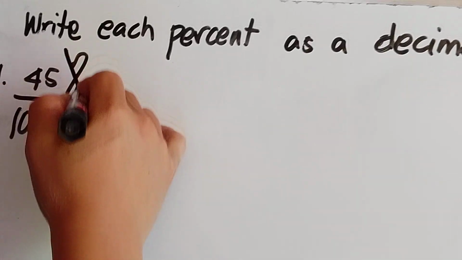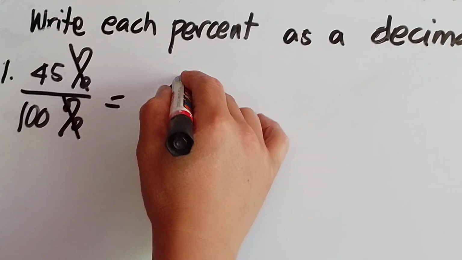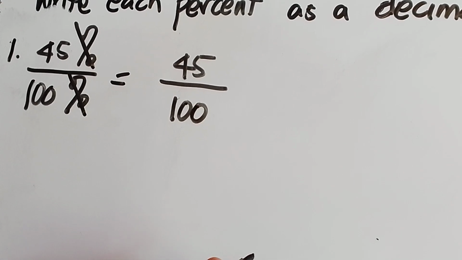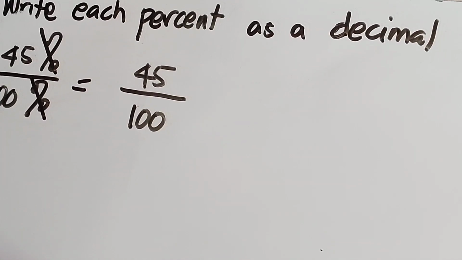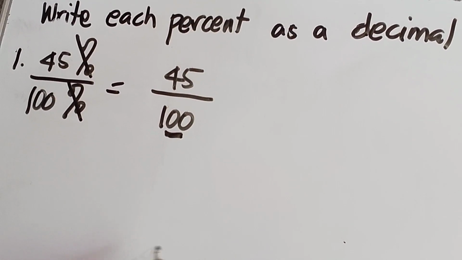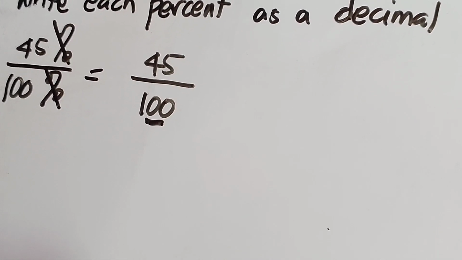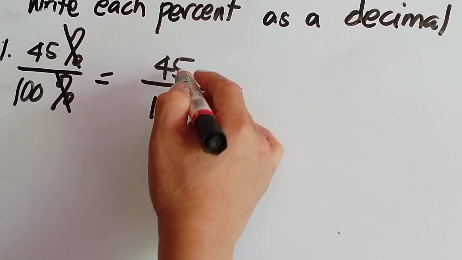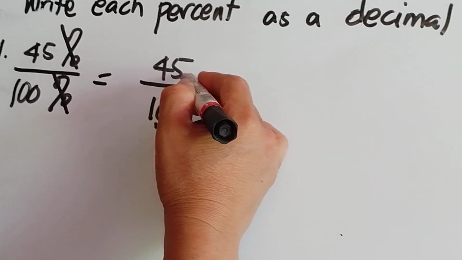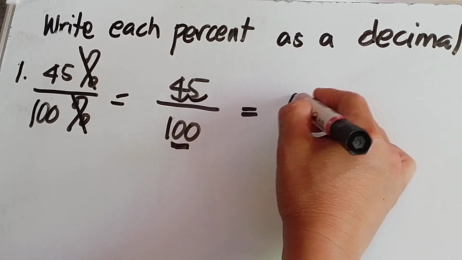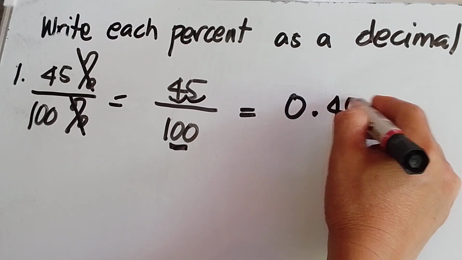Then this symbol will be crossed out. So I have here 45 over 100. As I said before, if division, we need to move from right to left. So if this is 45, there are two zeros. So from here, move 1, 2 because there are two zeros. So the answer is 0.45.